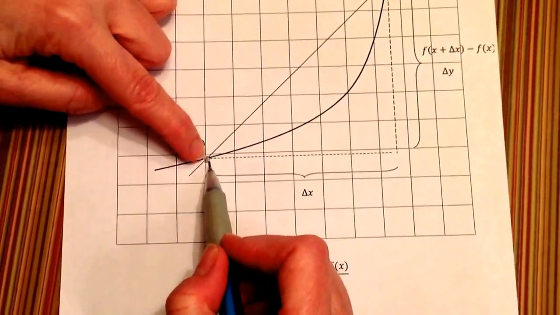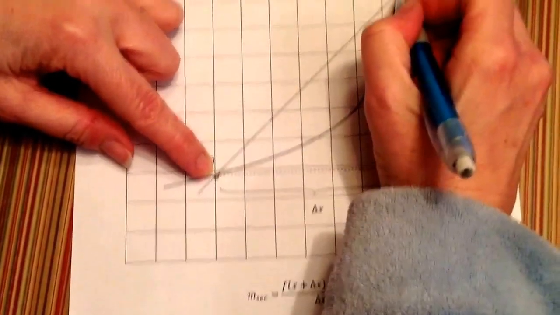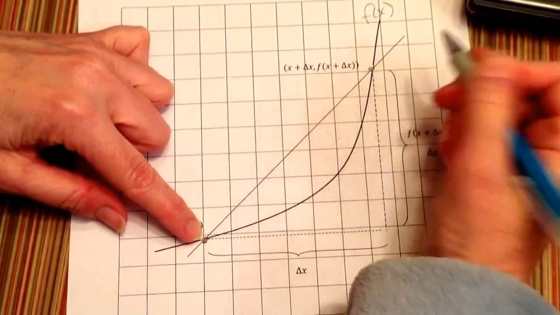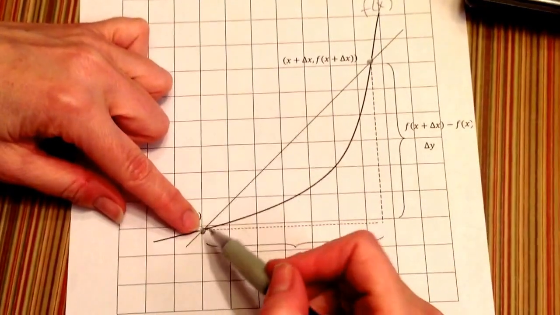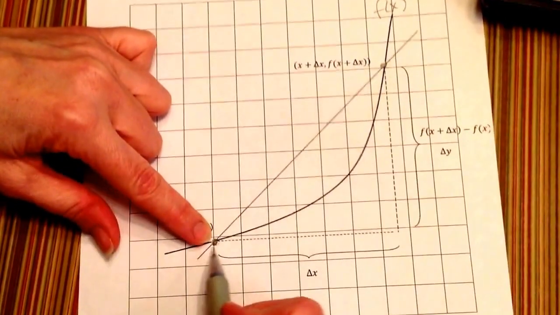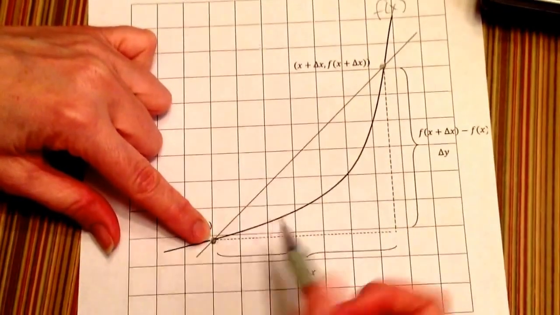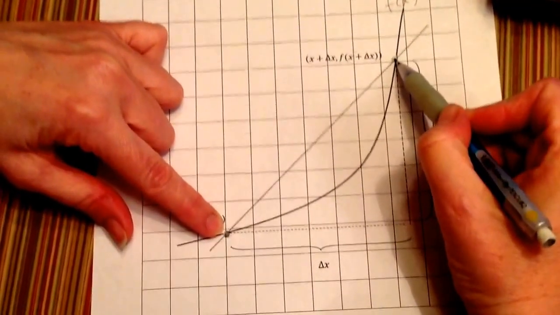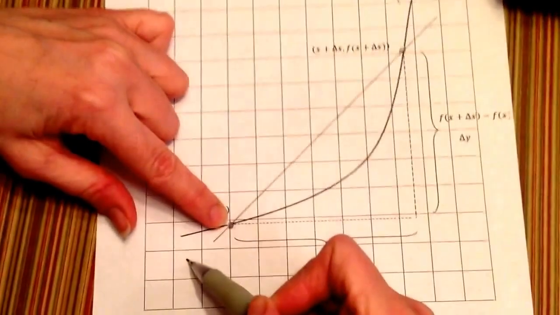The way we find that tangent line is we start with a secant line. And a secant line is a line that connects 2 points on the curve, where a tangent line is a line that touches the curve in 1 point. The secant line has 2 points, and it's connecting them.